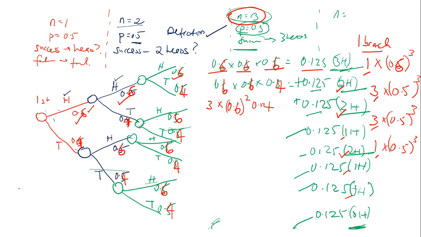That's what I would have, right? Because I have 2 heads and 1 tail. And exactly the same thing here, when I only have the 1 head, I would have 3 times the 1 head times the 2 tails.